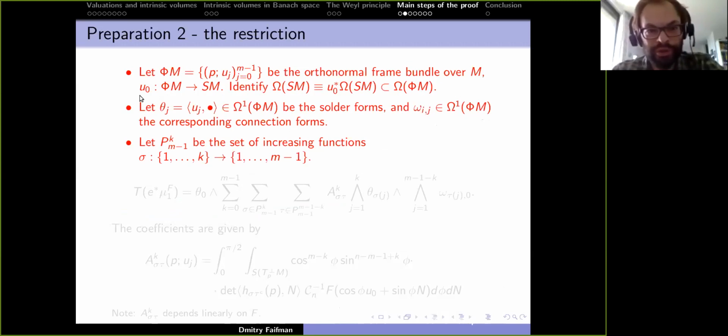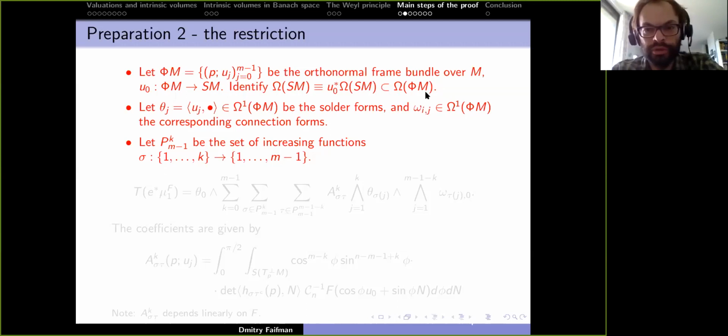So basically, you consider the bundle of orthonormal frames. You look at it as a bundle over the sphere bundle by the u0 vector, the zeroth vector. And in that way, forms on the sphere bundle you can think of as a subset of forms on the space of orthonormal frames.